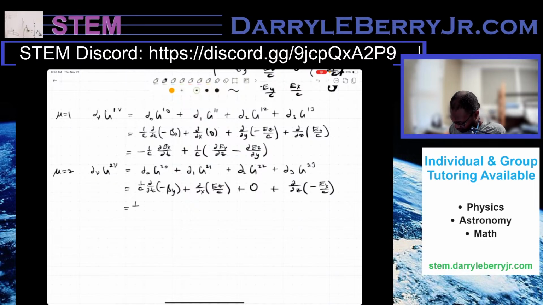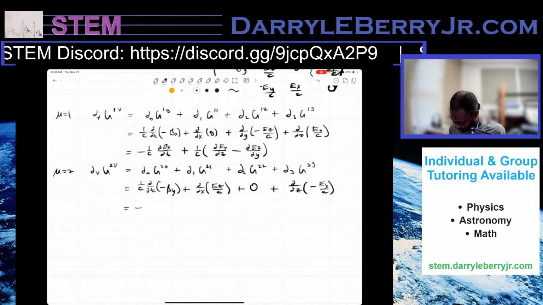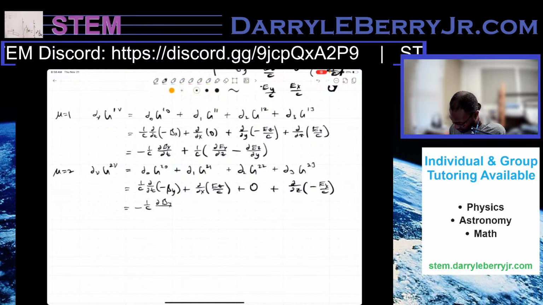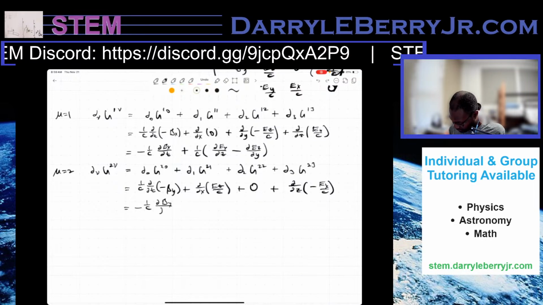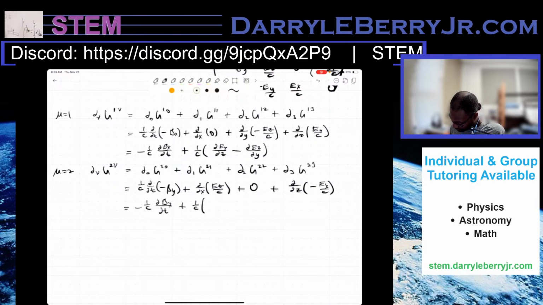So we have negative 1 over c partial with respect to t of Ey plus 1 over c.